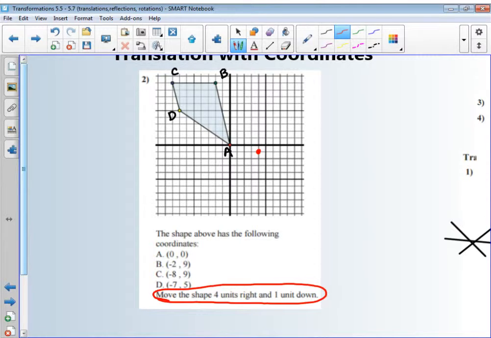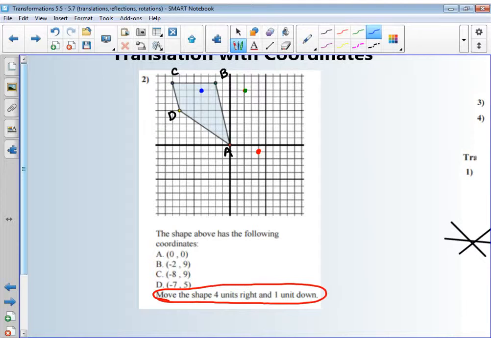So for B, I'm going to follow that same translation. I'm going to go over 4 on my B up here. 1, 2, 3, 4, down 1. Whoops, I'm going to mark that the same color, sorry. There's my B. Okay, so for C, same concept, over 4. 1, 2, 3, 4, down 1.